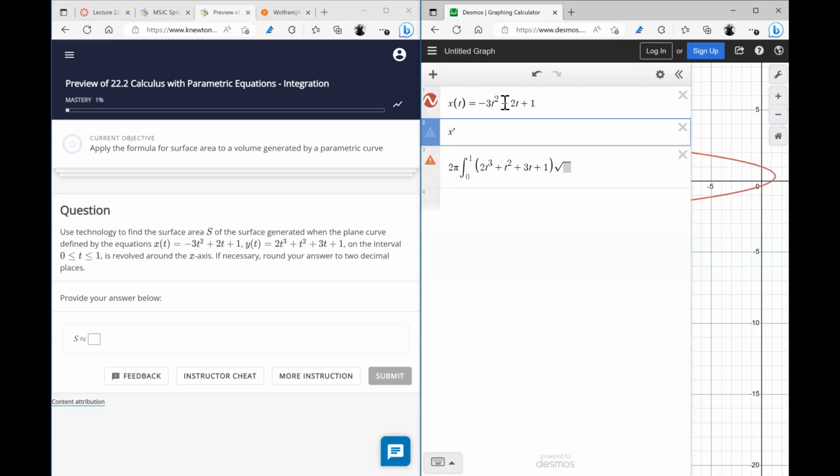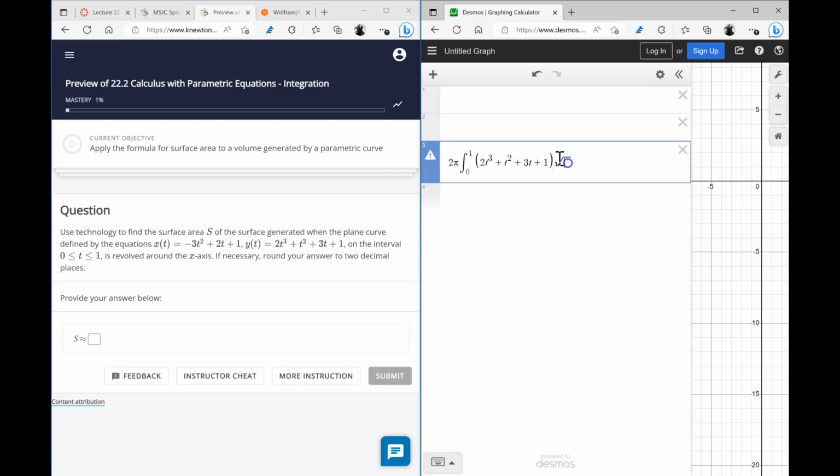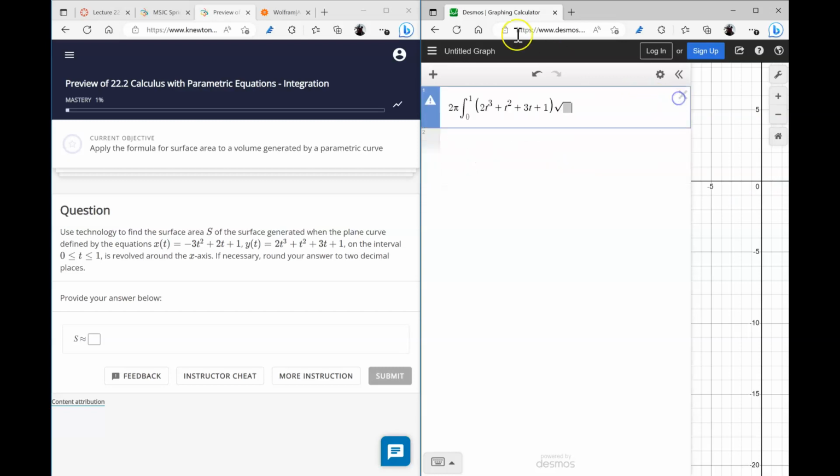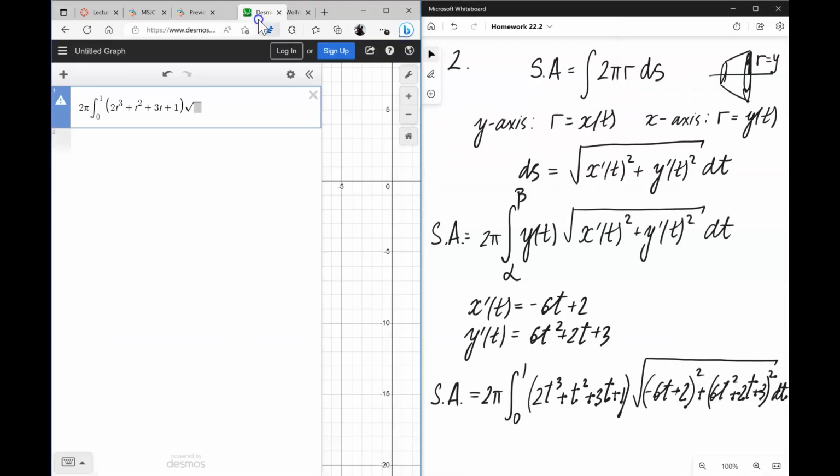Would it find x prime of t? Actually, it doesn't like it. So we can define, yeah, it's okay. Let's just get it done.